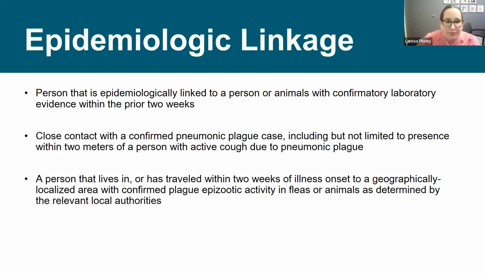It can also be close contact with a confirmed pneumonic plague case, and we look at individuals within a space of 2 meters or 6 feet of a person who, by history, has an active cough due to pneumonic plague. Or a person that lives in or has traveled within 2 weeks of illness onset to a geographically localized area where there's confirmed epizootic activity in fleas or animals determined by the relevant local authorities.